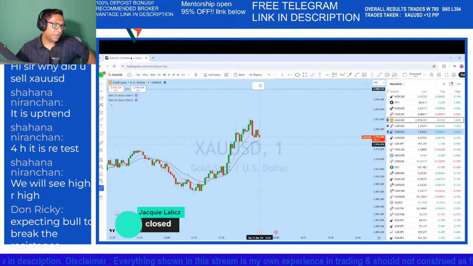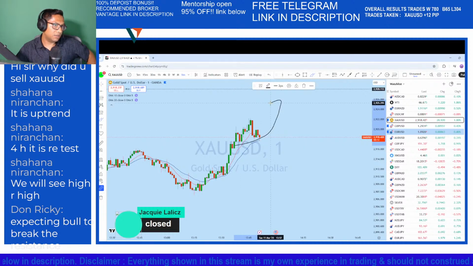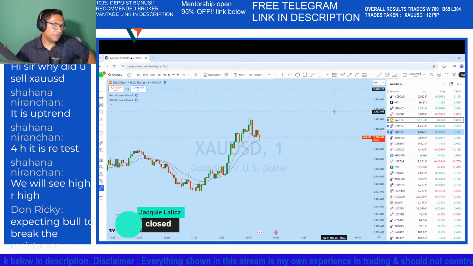So what I'm expecting from this break of structure is the market to trend again to the upside.